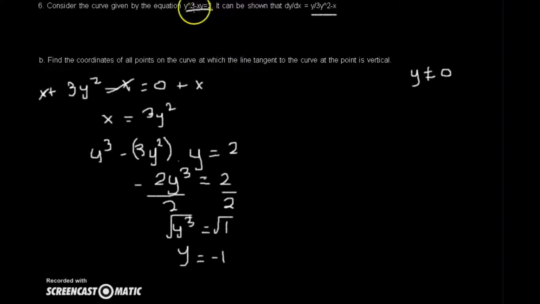Then we simply plug it back into this equation to find x. So -1 cubed minus x times -1 equals 2.